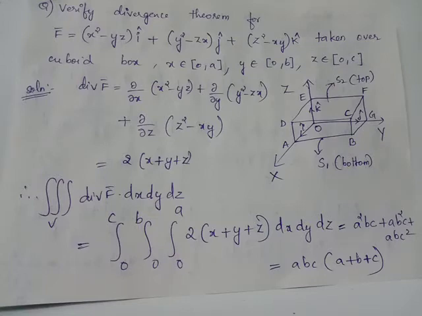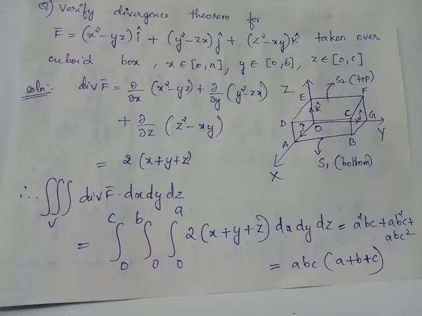If you consider k, it is perpendicular to the surface S1, but it is the inward unit normal. In divergence theorem, n cap denotes the outward unit normal. Therefore, with respect to surface S1, n cap will be equal to minus k.